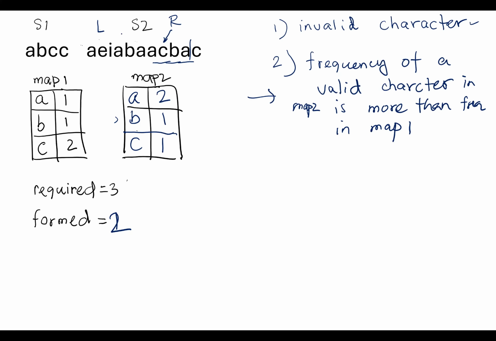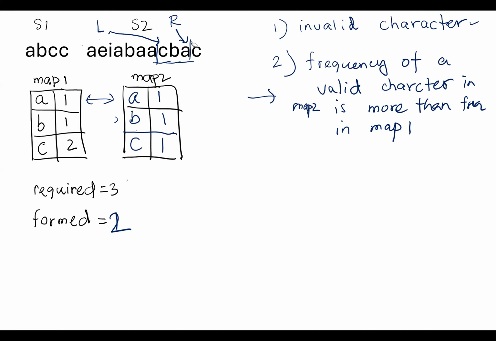So we change the right pointer. By the way, right pointer already have been here. Okay, so we change the left pointer to C, and A's frequency is changed to 1. Now you see that we have a match again, right? So the window now becomes valid.